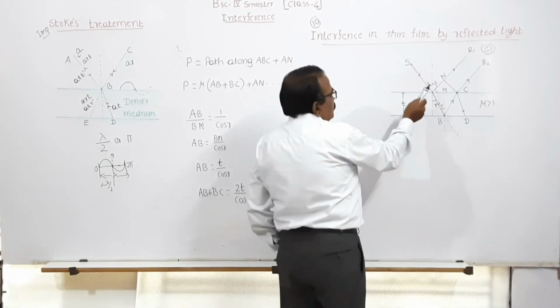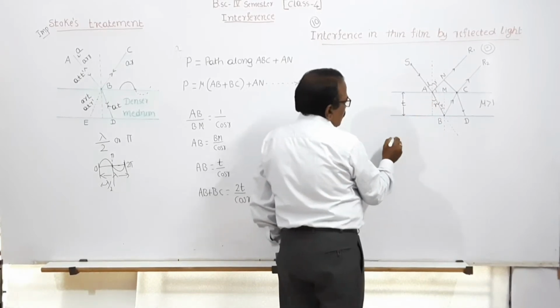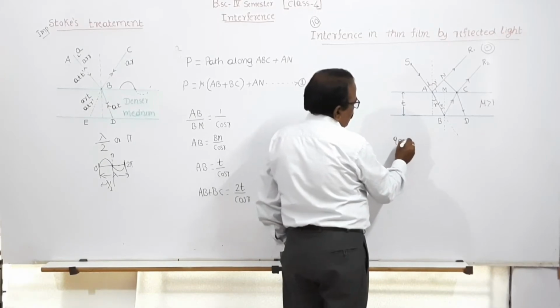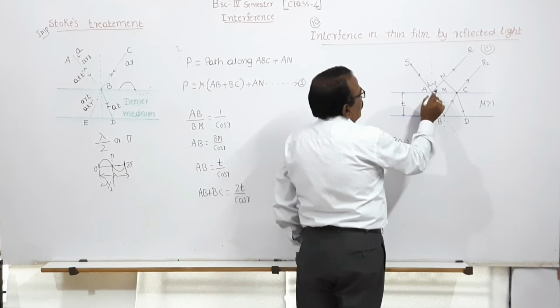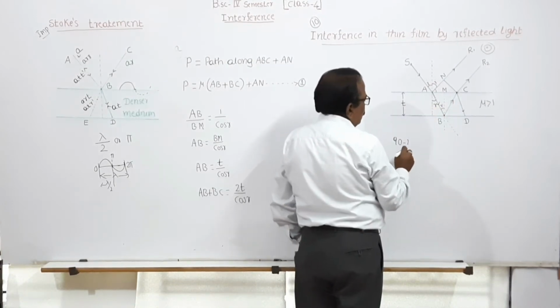This angle is I, this angle is 90 minus I. Then this angle plus this angle plus this angle is 180.